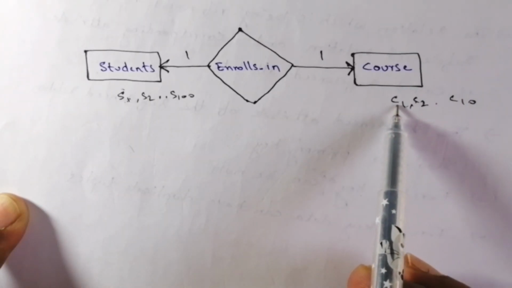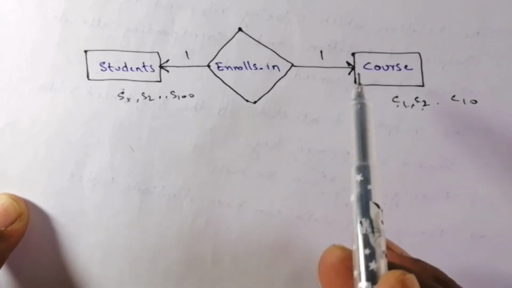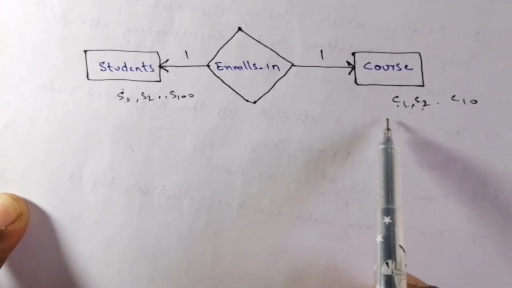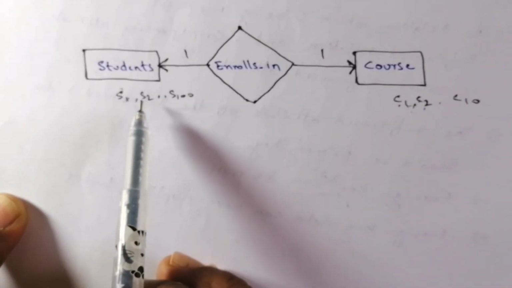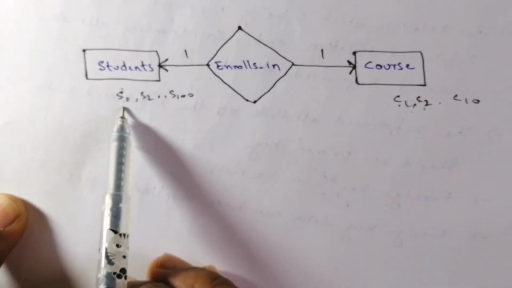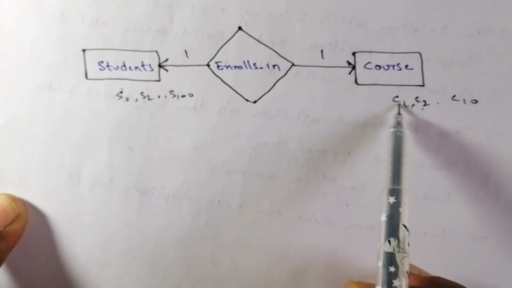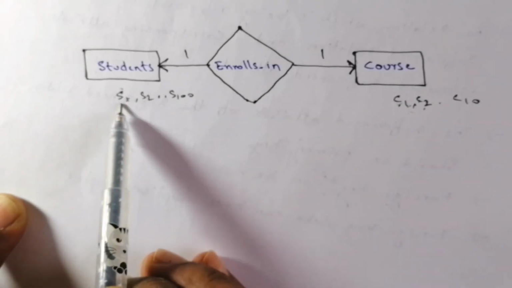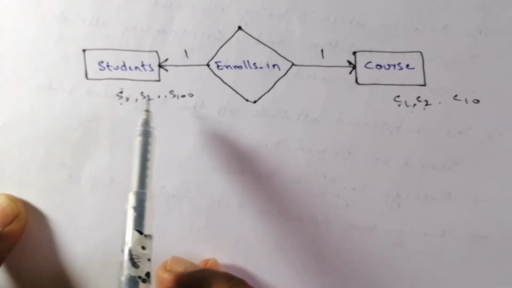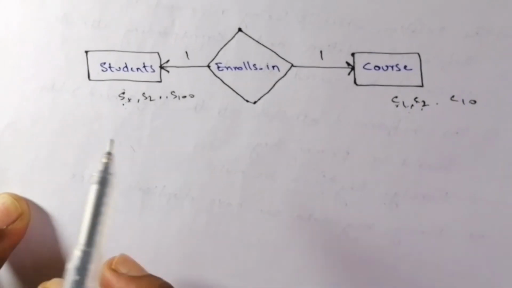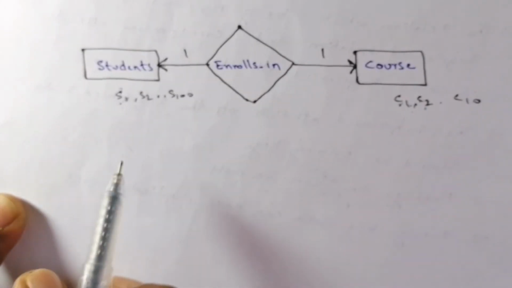Now this side also one. An entity in set B can be associated with at most one entity in set A. That is, if C1 has one student S1 only, it can have at most one, right? Such principles can be established by this one to one cardinality.